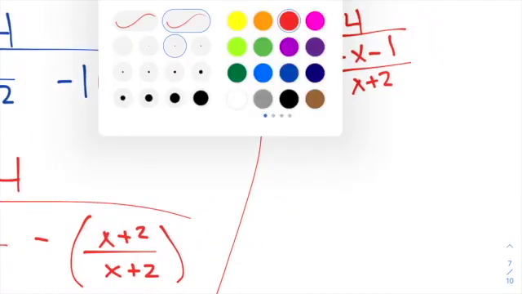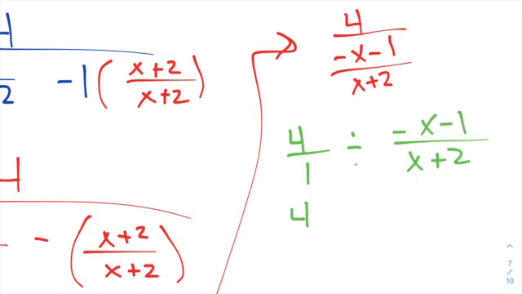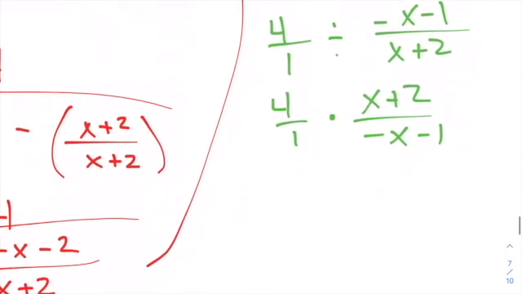Now I'm going to simplify this. This is the same thing as saying 4 over 1 divided by negative x minus 1 over x plus 2. We're dividing by a fraction, so we flip the second and multiply, over negative x minus 1, sorry. And then I'm going to distribute that 4, so I end up with 4x plus 8 over negative x minus 1.